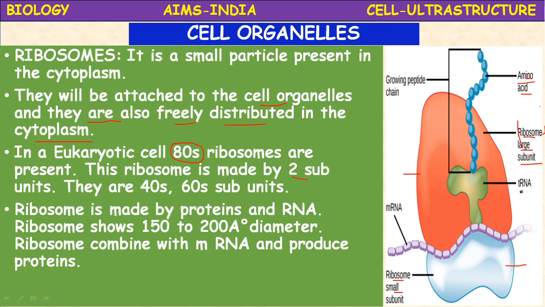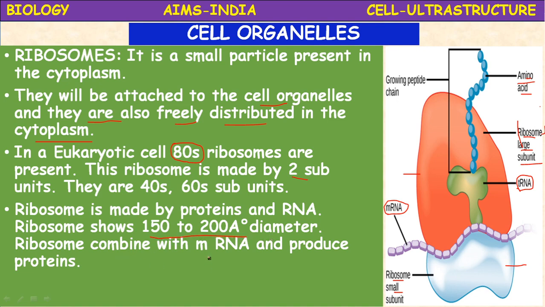The RNA is in the form of tRNA and mRNA. mRNA means messenger RNA. tRNA, transfer RNA, helps in protein synthesis. So the ribosome is made up of proteins and RNA. The ribosome is very small, 150 to 200 angstroms in diameter.